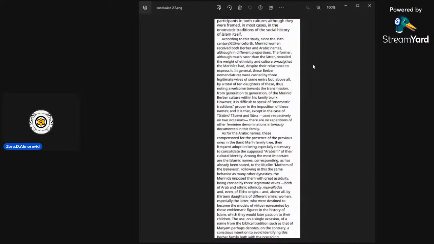The use on a single occasion of a name from the biblical tradition, such as Miriam, Mary the Virgin, perhaps denotes, on the contrary, a conscious intention to avoid identifying this Berber family with something Jewish or Christian.